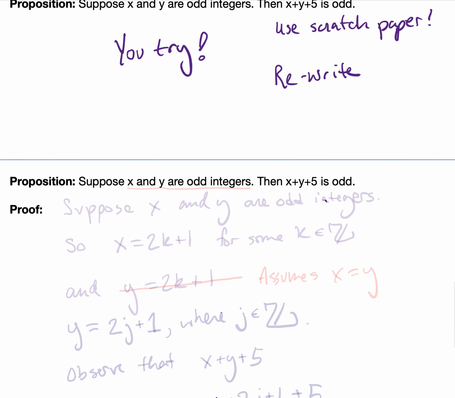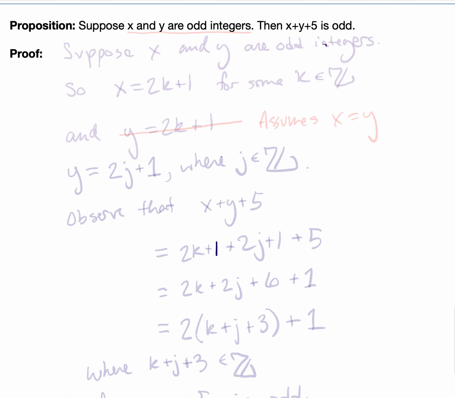So suppose x and y are integers, then x plus y plus 5 is odd. We should start out by assuming the hypothesis is true. So suppose that x and y are odd integers. We then want to expand what that means by definition.